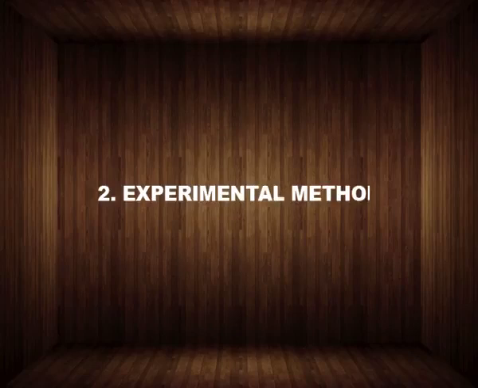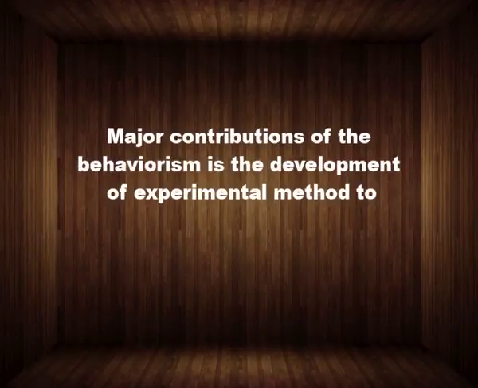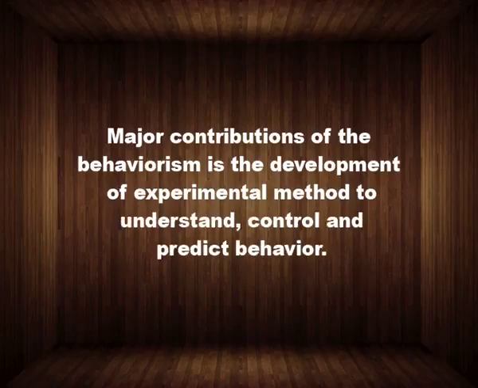Second method, experimental method. This method has been developed in psychology by the continuous efforts of psychologists to make an objective and scientific study of human behavior. One of the major contributions of behaviorism is the development of the experimental method to understand, control, and predict behavior. It is the most precise, planned, systematic observation.